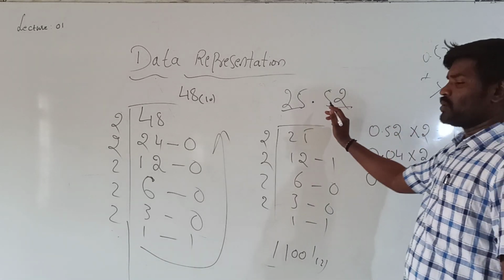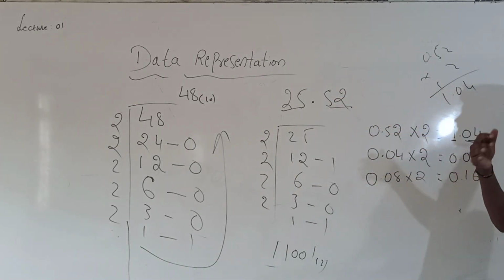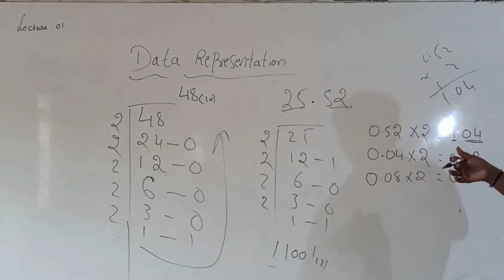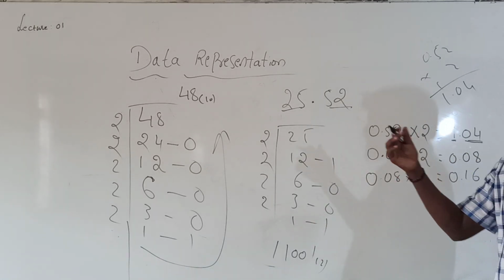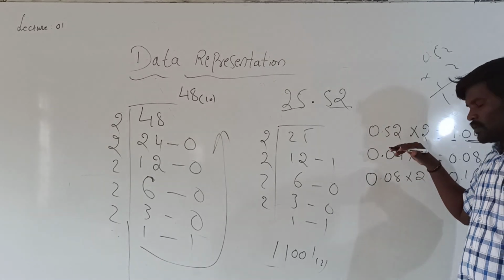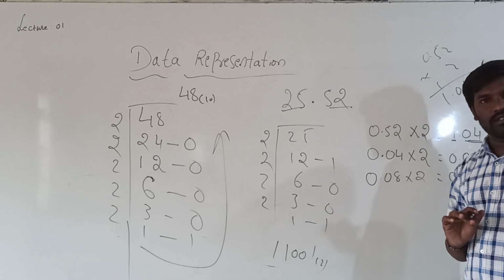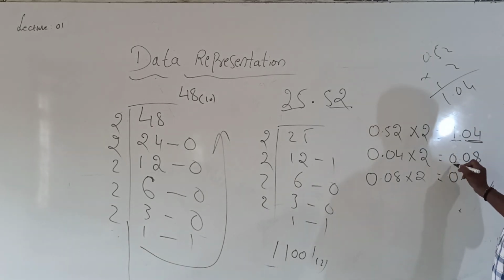See here, 2 digits are there. You can multiply 2 times or 3 times. If you get the final 0.00, no problem. Otherwise you have to leave it there. Solve this much only. See here, 1 is there, 0 is there, 0 is there.